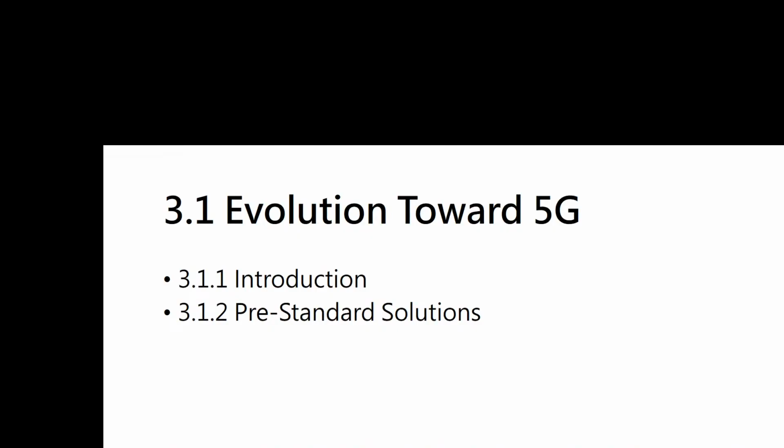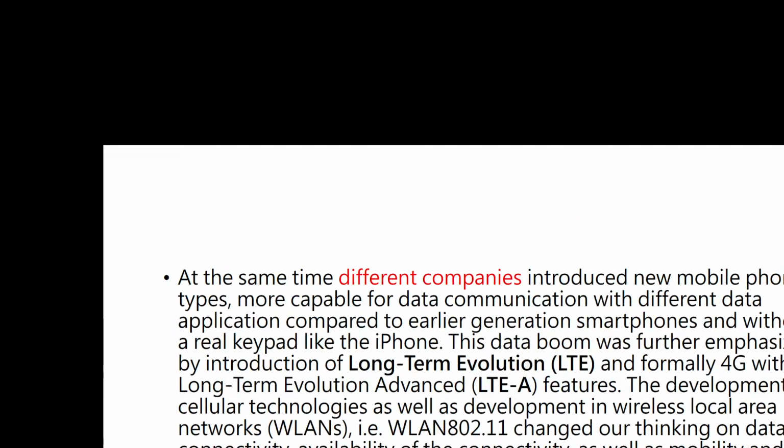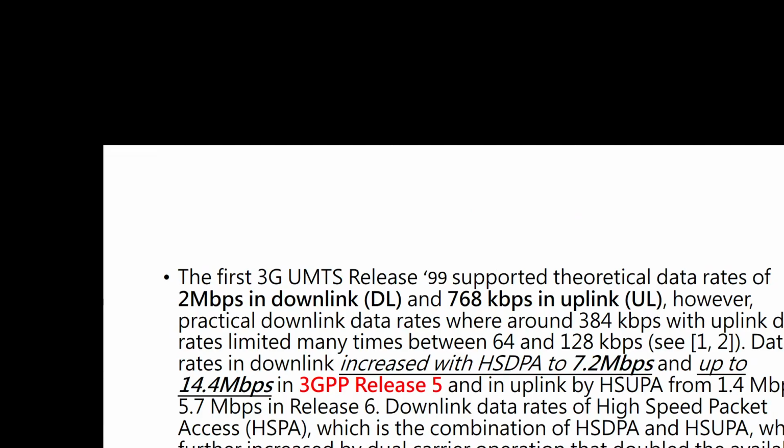So let's look at chapter 3. It starts with the evolution toward 5G pre-standard solutions. In the beginning we start with 3G, 2G, right? At that time, the data transmission rate is quite slow. The maximum download speed can be 3 megabit per second, and the uplink is just 768 kbit per second.